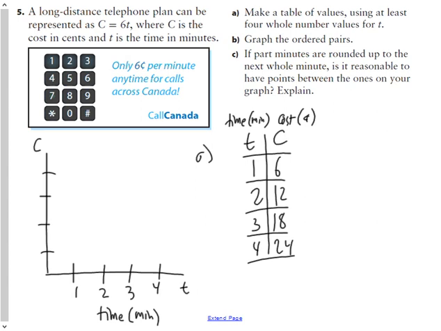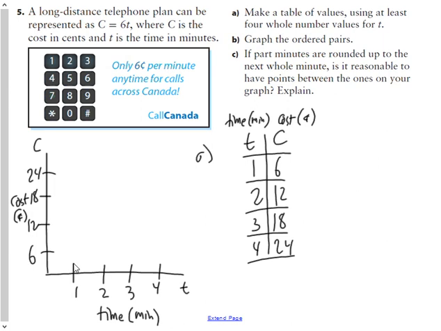I'm going to make sure that I define my axes, because it's no longer X and Y, it's now T and C. I'm defining what those 1, 2, 3, 4 actually mean, which is time in minutes. And up here, I'm going to put cost, in cents, and we're going to go up by 6, 12, 18, and 24.